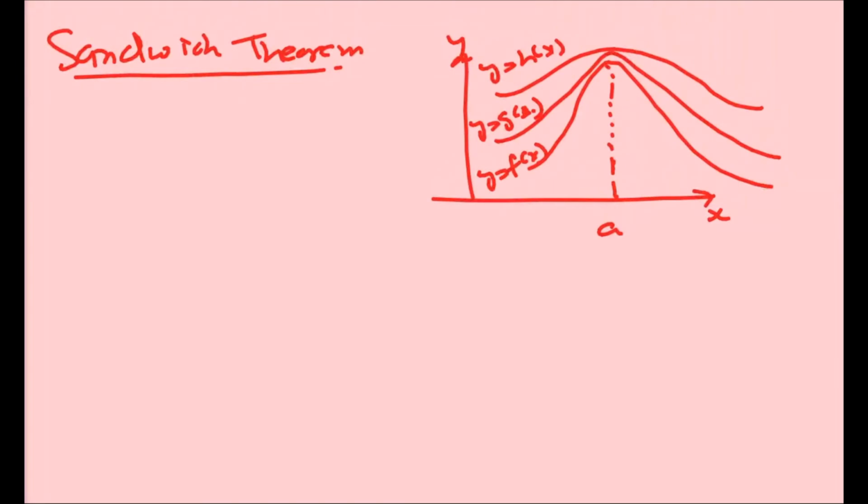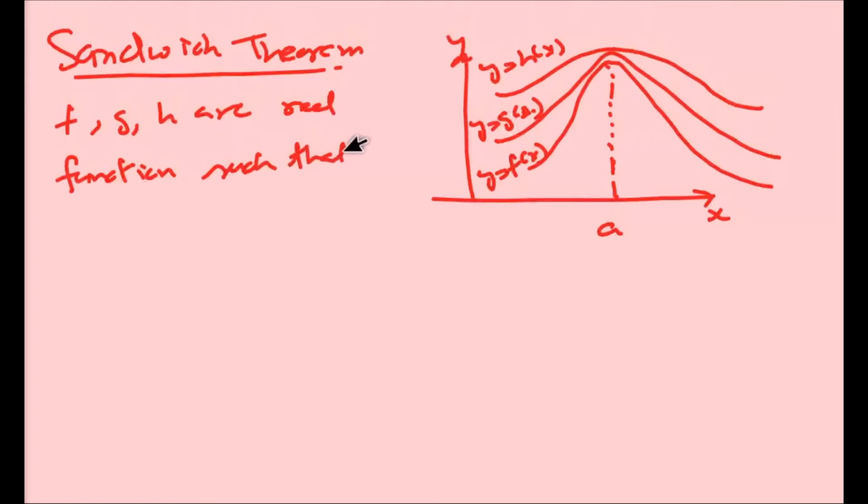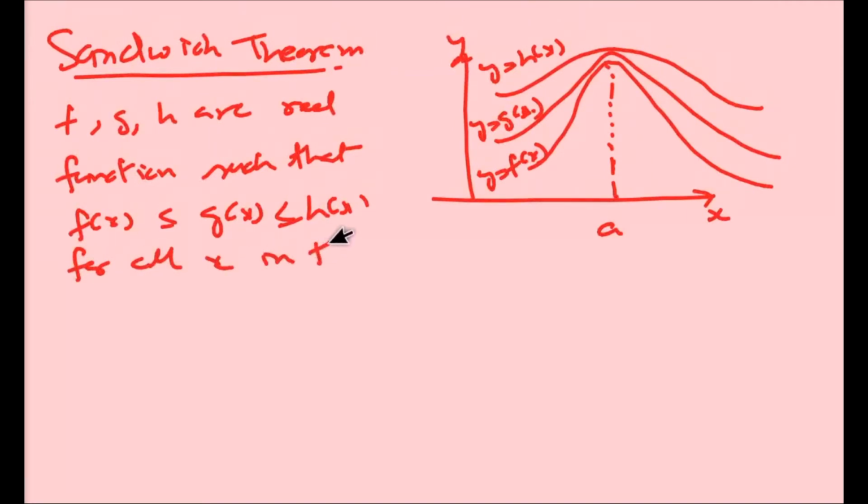So according to this Sandwich Theorem, if f, g and h are real functions such that f(x) is less than or equal to g(x) is less than or equal to h(x) for all x in the common domain of definition.